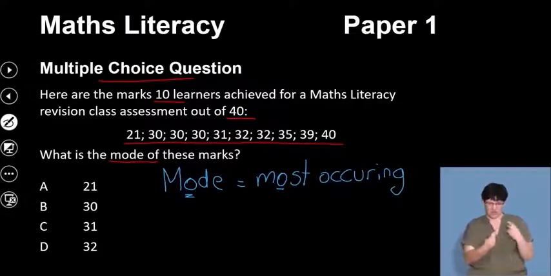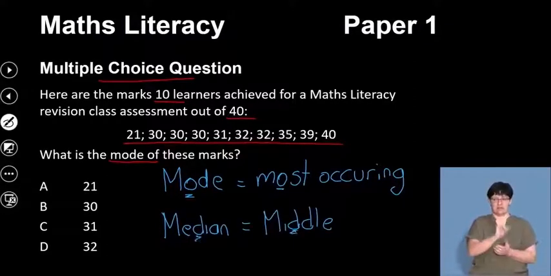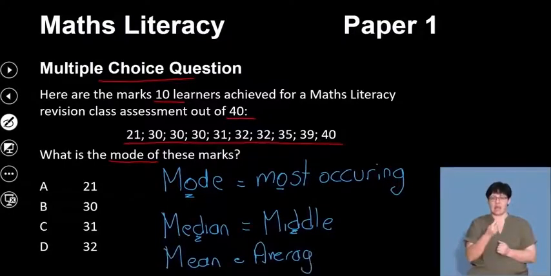Compared to your median, a quick recap, is your middle. The median's got your D, and your mean is what we call in everyday words average. That's got your A in it and your average. So that's how I remember them.